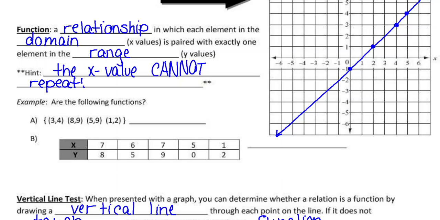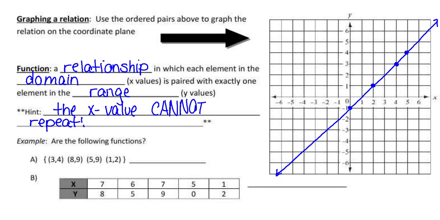An easy way for you to remember this, and I always giggle when I tell this example, but if you think of the x value and the y value like they're in a relationship together, the x value cannot have more than one y value.